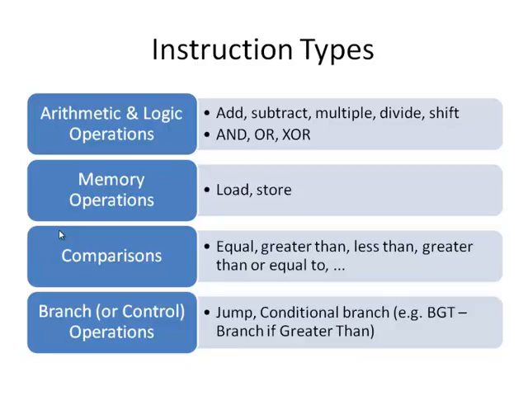And based on the result of some comparison, we may have some branch or control operation. So we may have jumps or conditional branches. And that's useful so that we can implement loops and structured programs, and also functions and procedures. And we have a way of implementing those on the CPU.